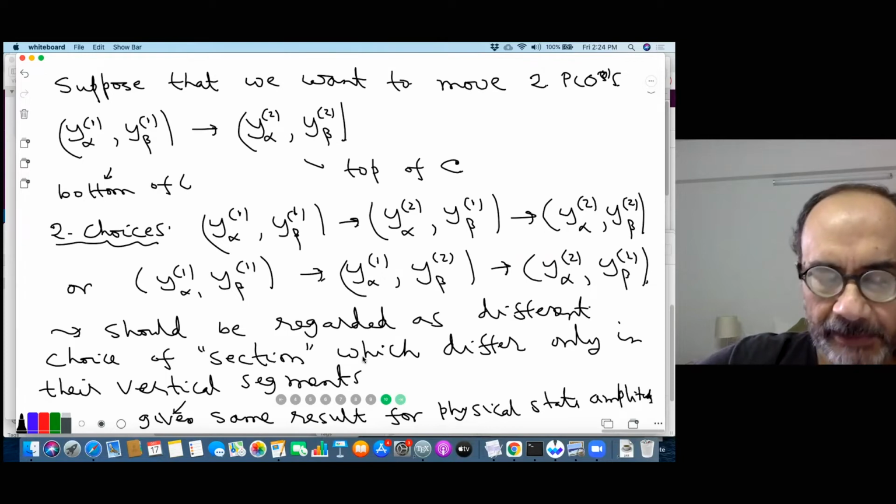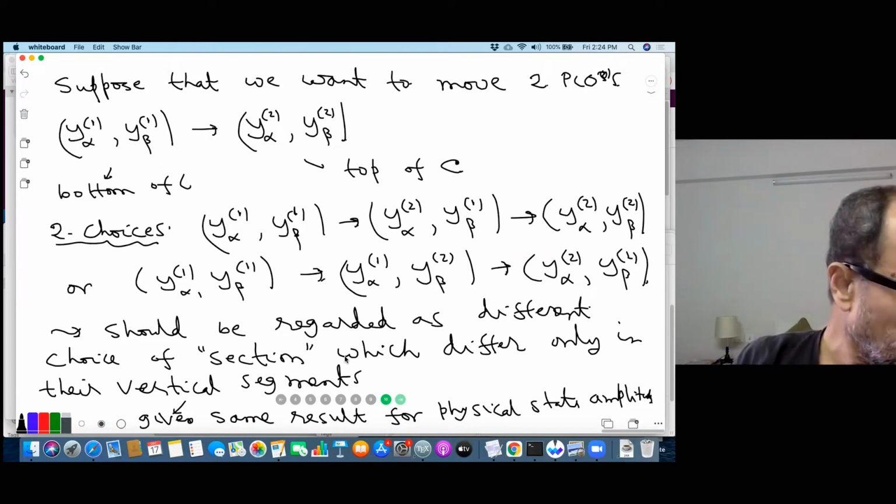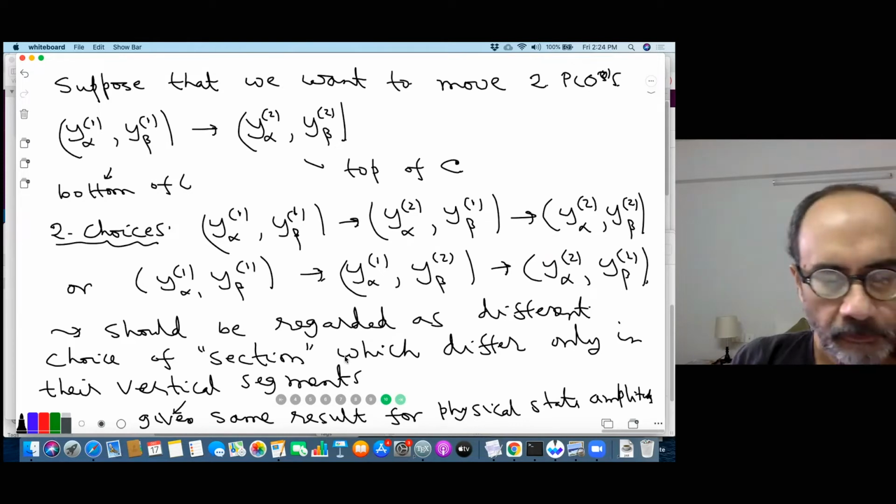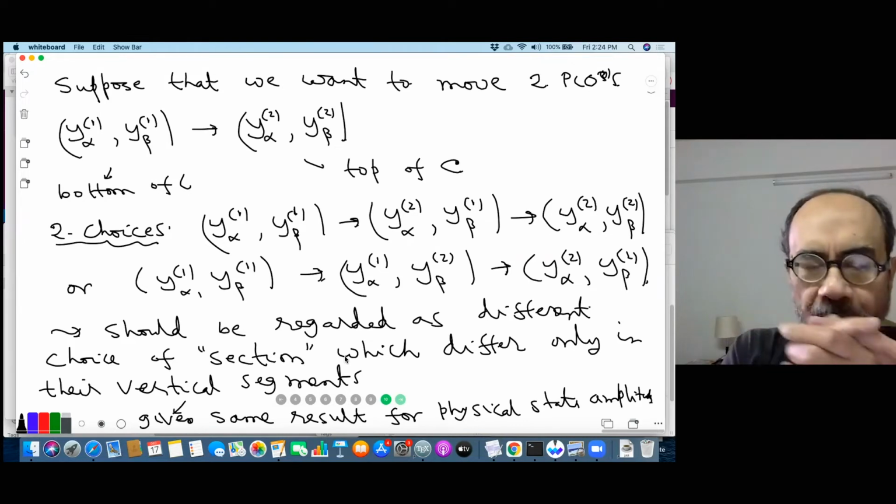Namely, the difference you can think of as a total derivative if the external states are physical. So these are some examples.